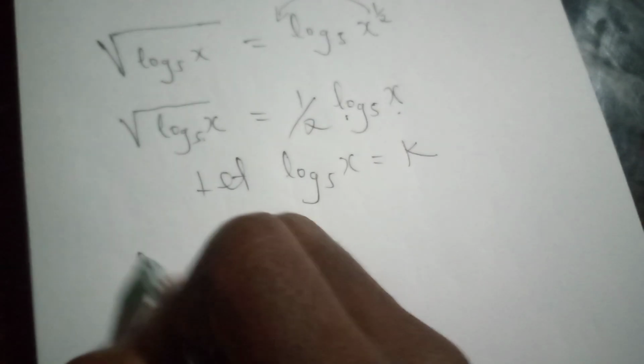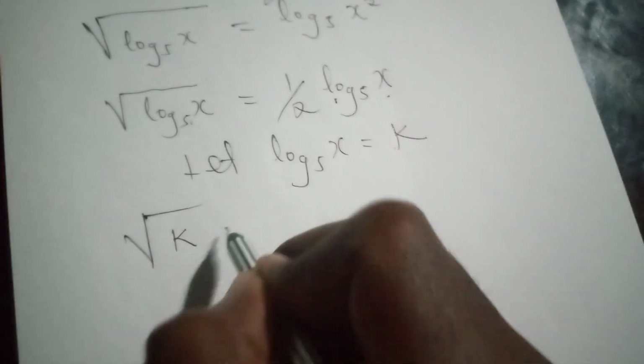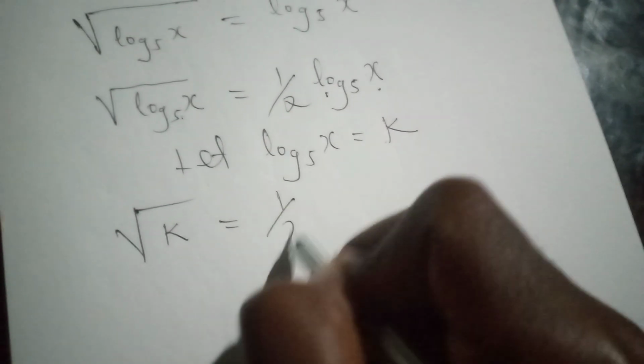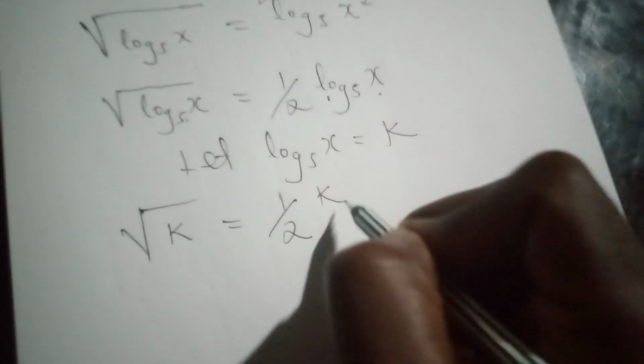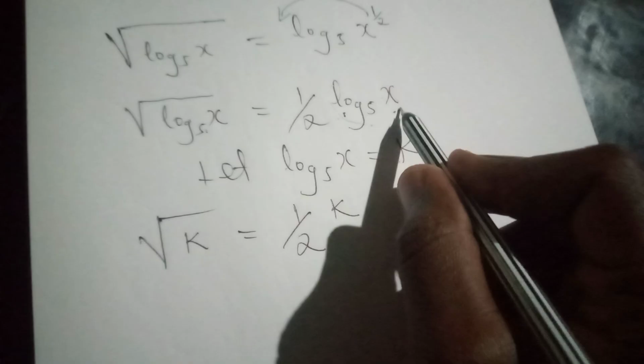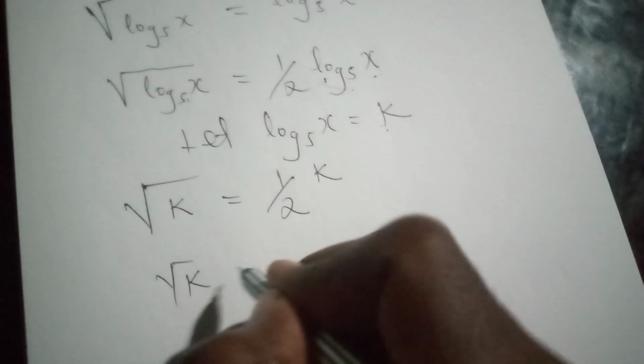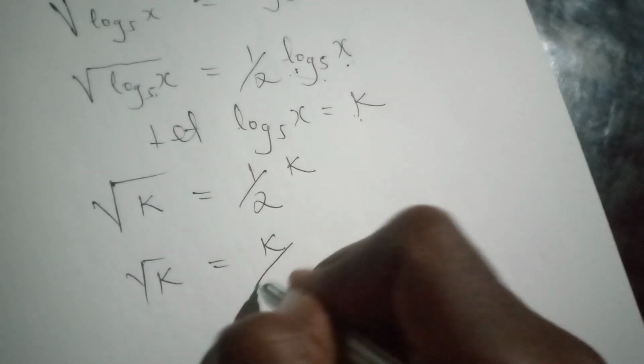So that is square root of k is equal to 1 over 2 k. Here there is log base 5 of x, replace it with k. So that is square root of k is equal to k over 2.